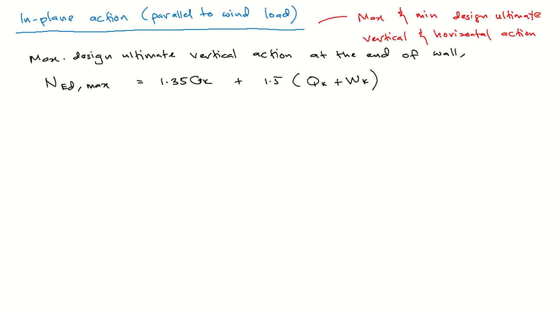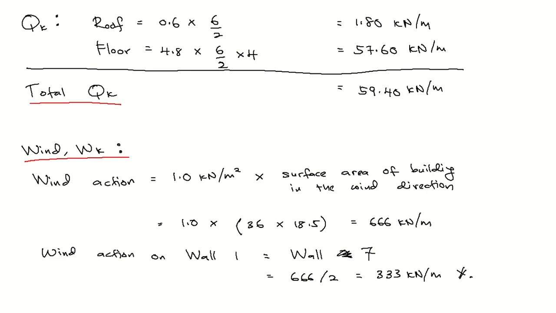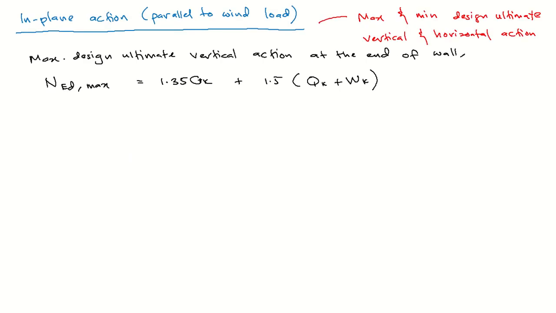So we have GK, QK and WK. The WK here is not at the end of the wall; this is the wind pressure, divided between the 2 walls, wall 1 and wall 7. We have GK, we have QK, and what we want to find out now is WK.